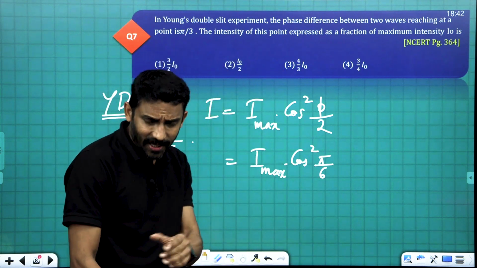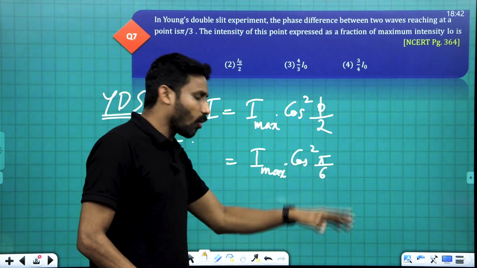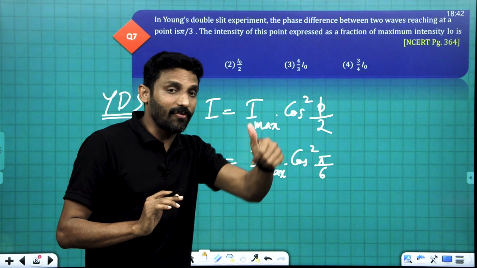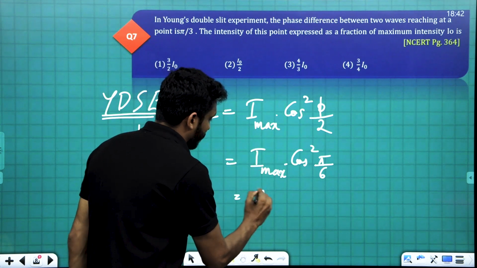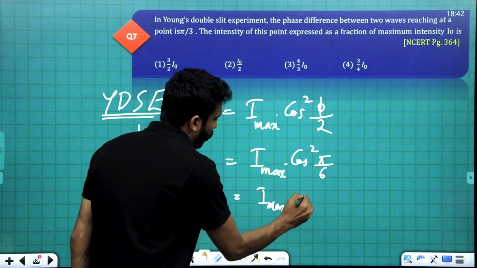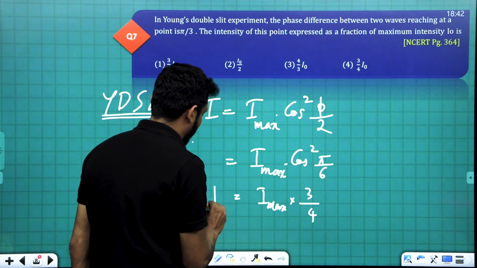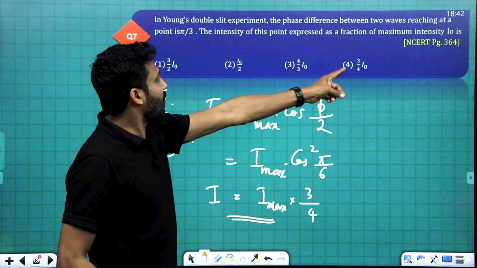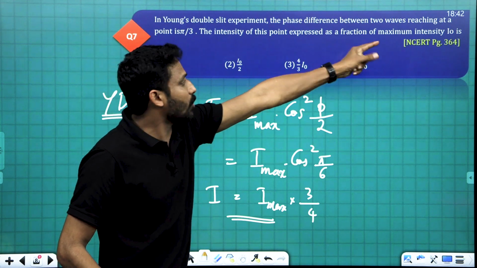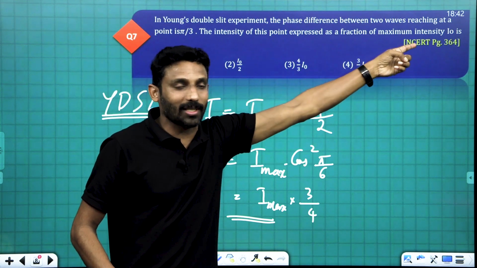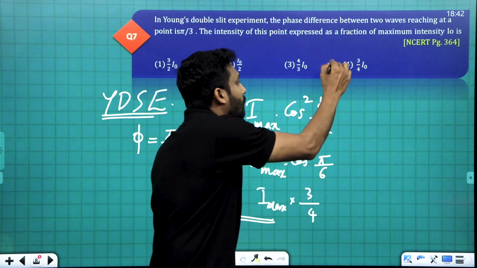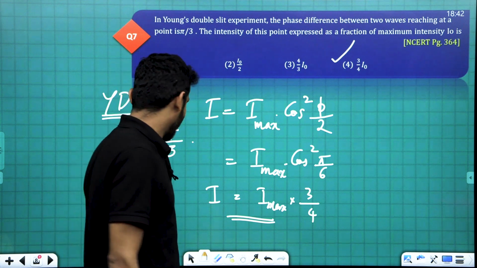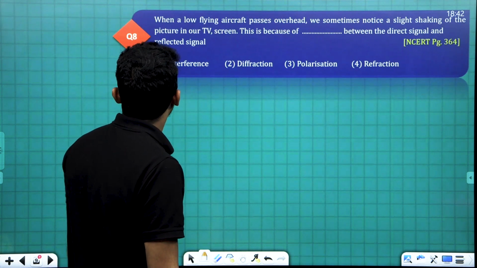Pi by 6 is 30 degrees. Cos square of 30, cos 30 is root 3 by 2, square is 3 by 4. I max into 3 by 4 is the intensity at that point. In the question, the maximum intensity is noted as I naught, so it is 3 by 4 of I naught. Option 4. Good. The next one.